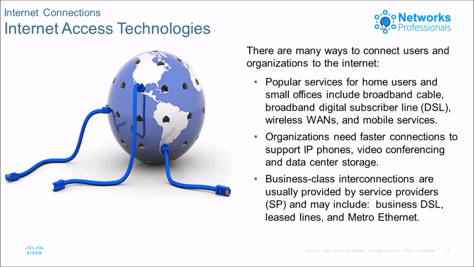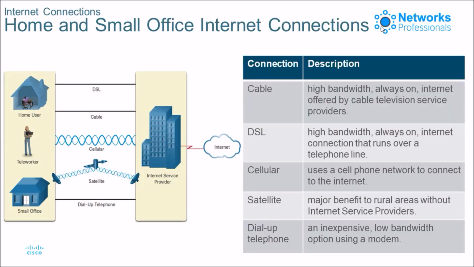Popular business class services include business DSL, leased line, and metro Ethernet. The figure illustrates common connection options for small office and home office users like cable, DSL, cellular, satellite, and dial-up telephone connection.